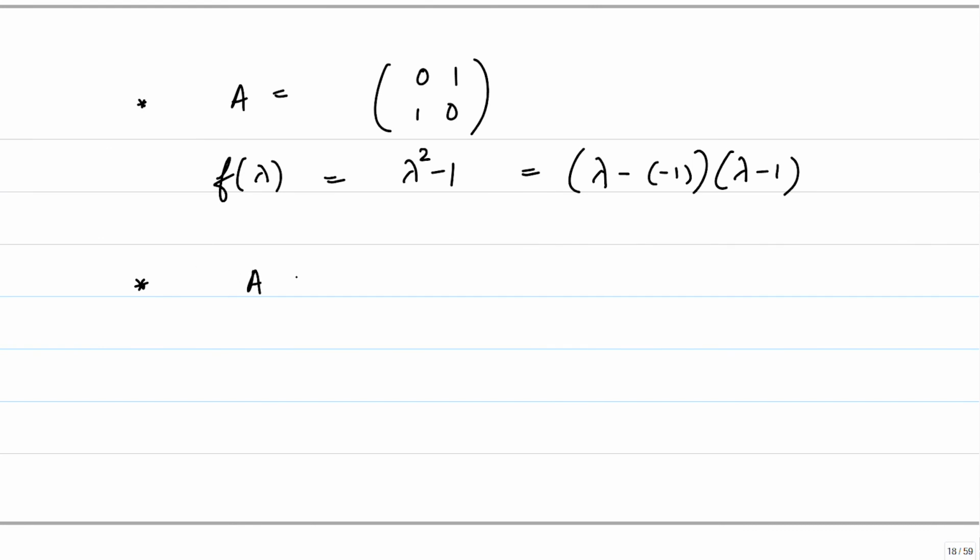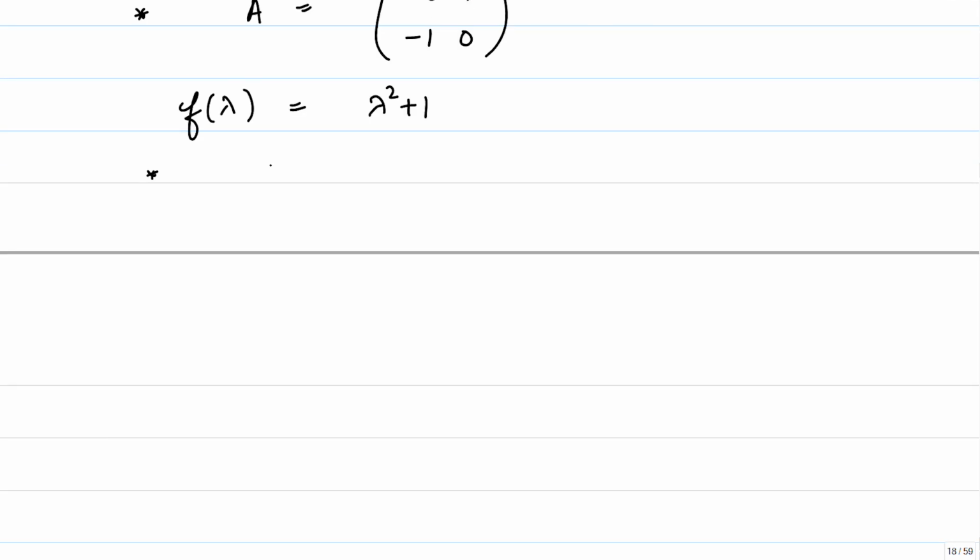Just tweak the above example to 0 1 minus 1 0. Then f of lambda turns out to be lambda square plus 1. We know that this is actually lambda plus i into lambda minus i, where i is the square root of minus 1, but over the field of scalars being real numbers, this particular polynomial does not split.